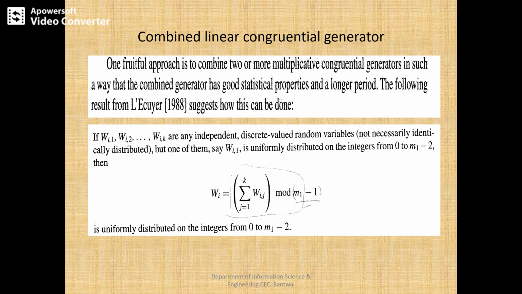If Wi1, Wi2, ..., Wik are independent discrete valued random variables, not necessarily identically distributed, but one of them, say Wi1, is uniformly distributed on the integers from 0 to m1 minus 2, then we could take Wi equal to the summation over j equal to 1 to k of Wi,j modulus m1 minus 1, which is uniformly distributed on the integers 0 to m1 minus 2.